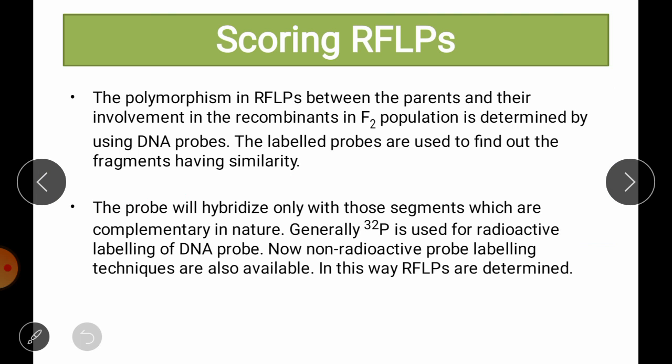The next point is scoring of RFLPs. The polymorphism present in RFLP markers between parents and their offspring, involved in the F2 population, is determined by using DNA probes.